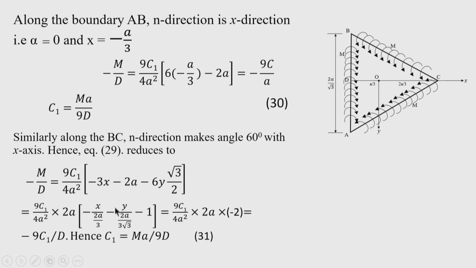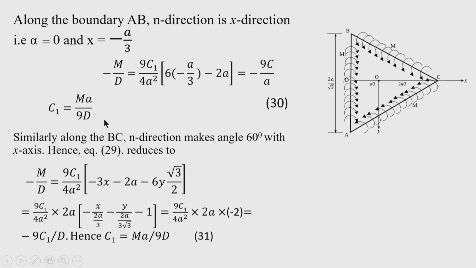This quantity is again minus 1 from the equation of the line. So, it will be minus 1 minus 2. So, it comes as 9 C 1 divided by 4 a square into 2a into minus 2, which is equal to minus 9 C 1 by D. Hence C 1 equals M a by 9 D.